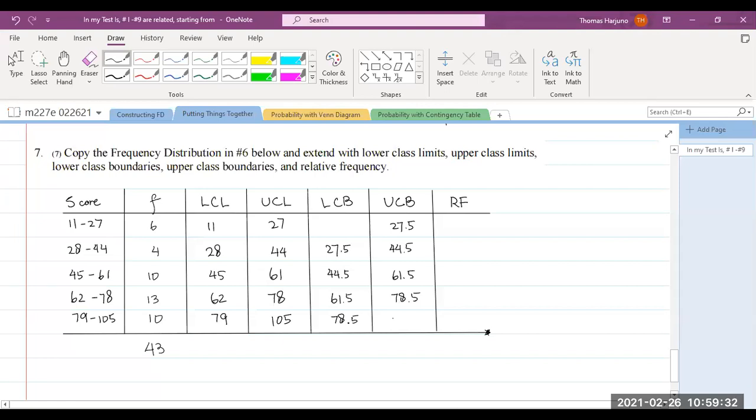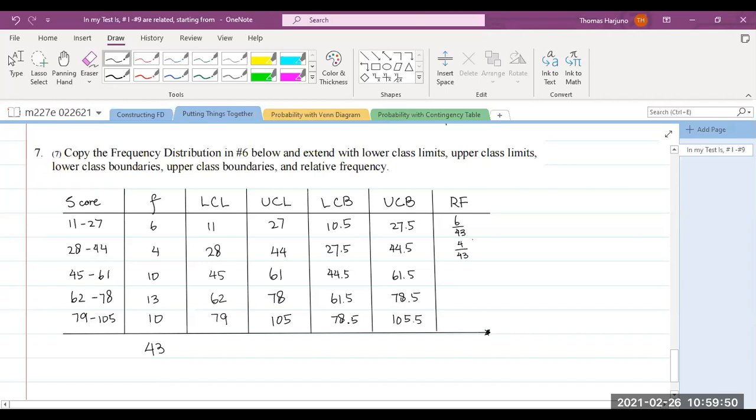Okay. And then the upper class boundary for the top one is 105.5. Lower class boundary for the bottom one is 10.5. Relative frequency, this will be 6/43. Yes, in my test, just leave it as fractions.